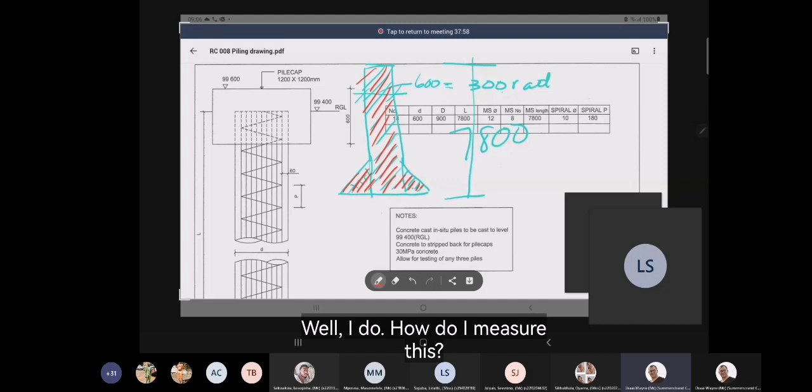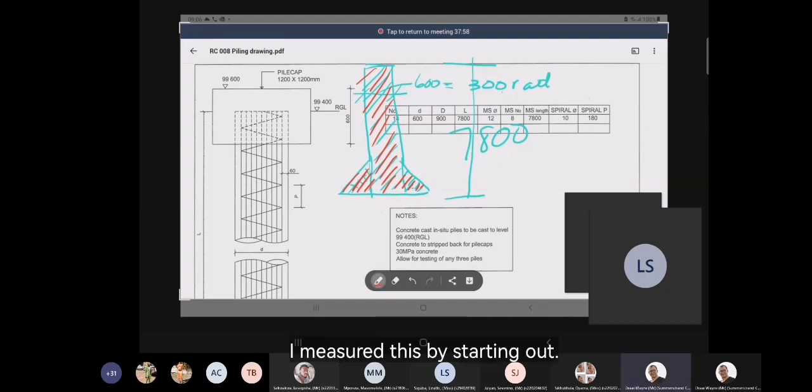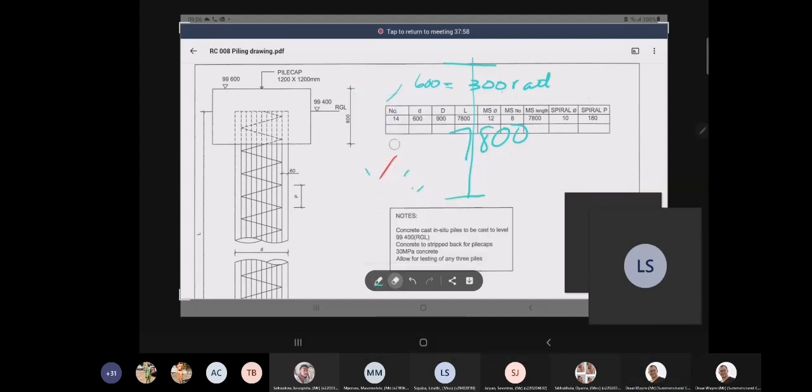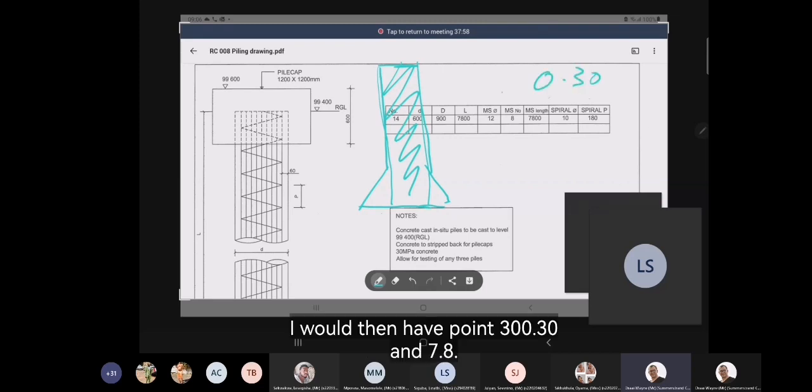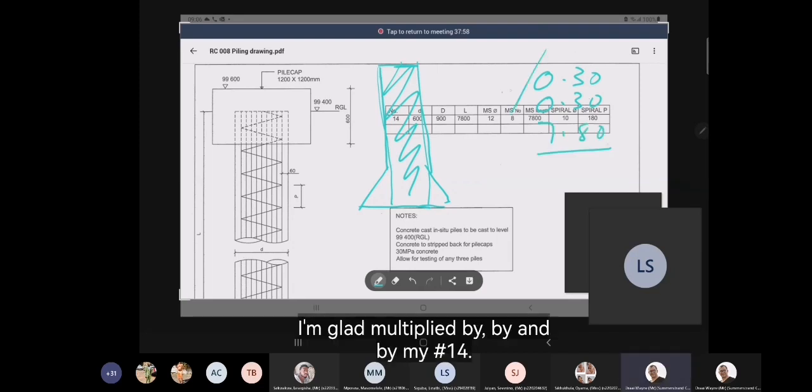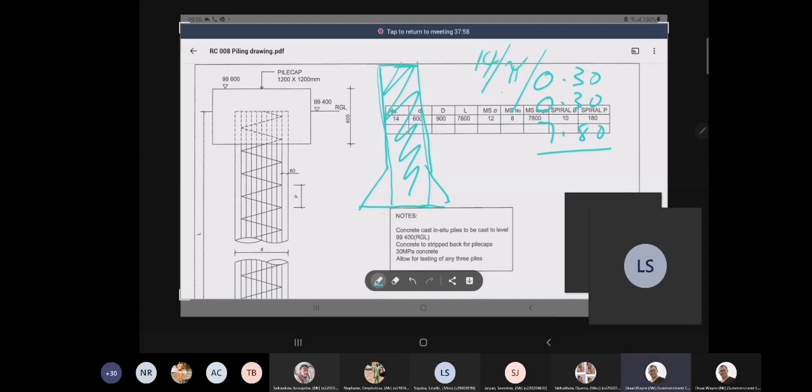What do I do? How do I measure this? I measure this by measuring that through first. I would then have 0.30, 0.30, and 7.8, and that multiplied by pi and by my number 14. Where do I get the 0.30?